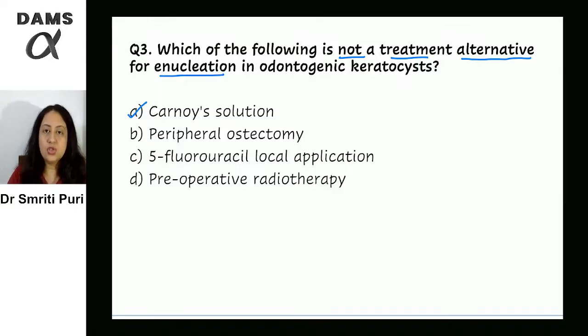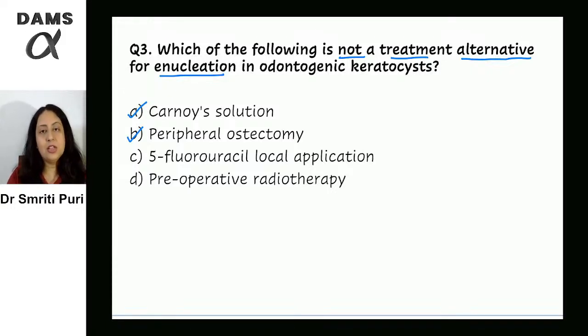Again, the second option, peripheral ostectomy. If you remember my classes, I've told there as well. Peripheral ostectomy can be either via curettes or with the help of a surgical bur. This is also done after enucleation to decrease the chances of recurrence.